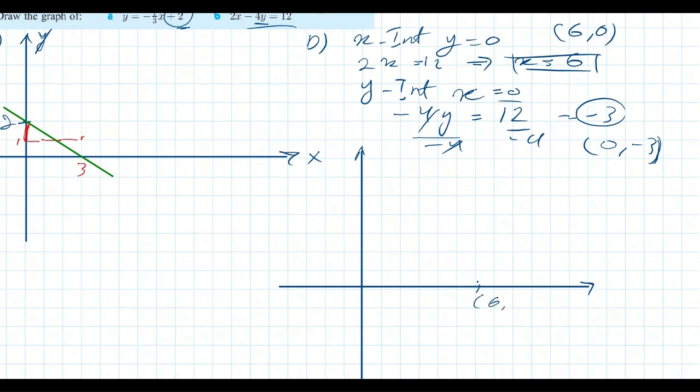This is 6 and 0, and the second point was 0 and -3. -1, -2, -3. This is the second point. After that, linking between them. Linking between these 2 points will represent our line. That's it.